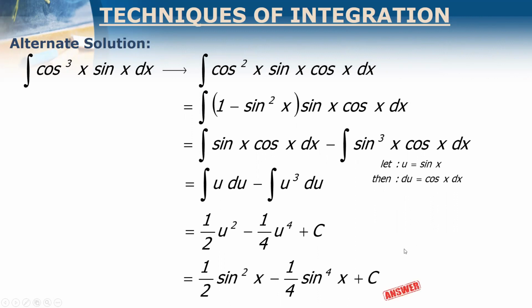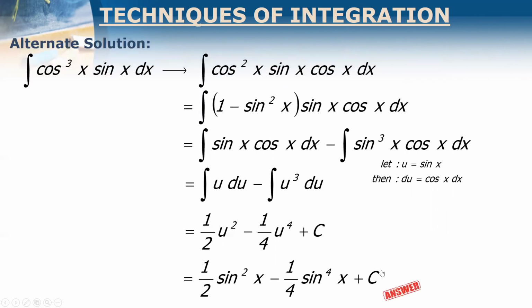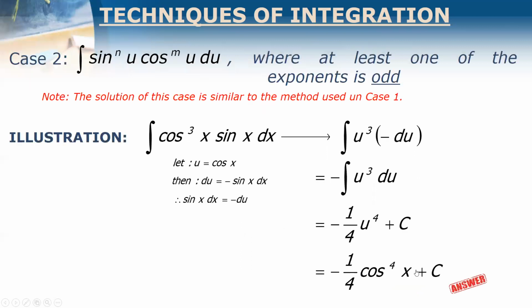Okay. Now, if you will notice, for this one, your answer contains sine x, while the previous one contains cosine x. So how come they are not the same? Now, if you will simplify this one, you'll find out that they are similar.